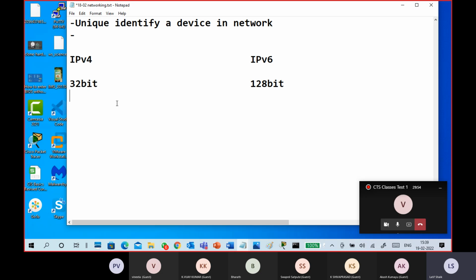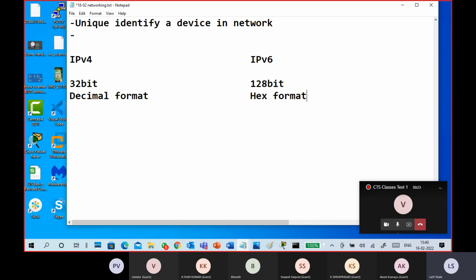A lot of people, in a hurry, will say IPv4 is 32-bit and immediately get 64-bit in mind, so be careful. IPv6 is 128-bit. IPv4 is represented in decimal format, and IPv6 in hexadecimal format.